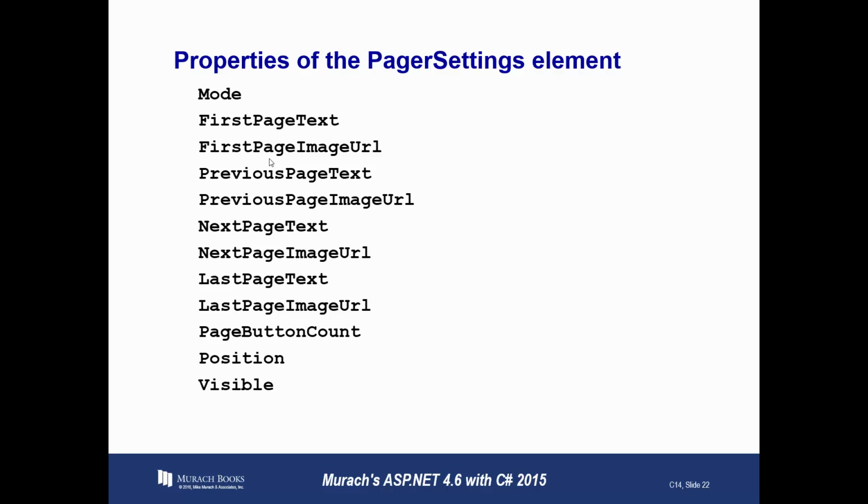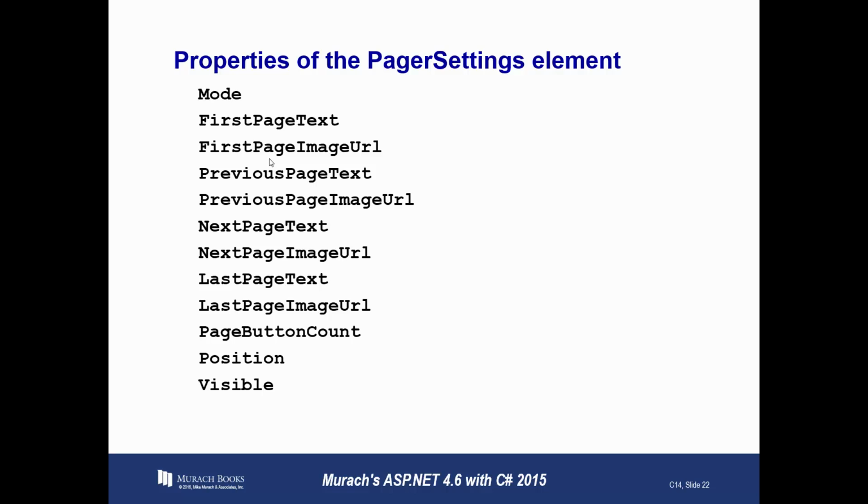First page image URL. Previous page text, which by default is the single less than sign. Previous page image URL. Next page text, which is by default the greater than sign. Next page image URL. Last page text, which by default is the double greater than sign.